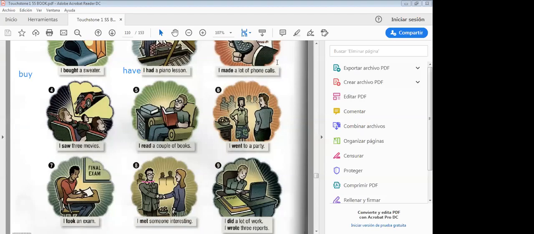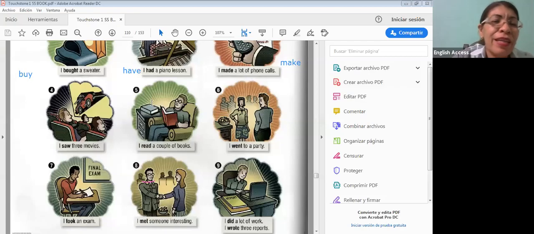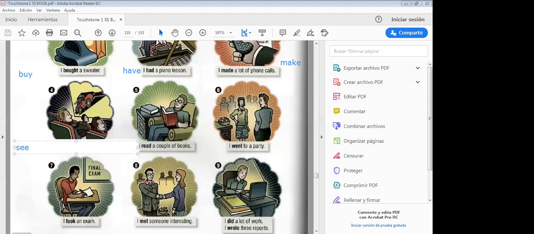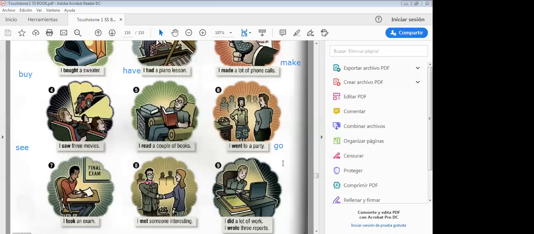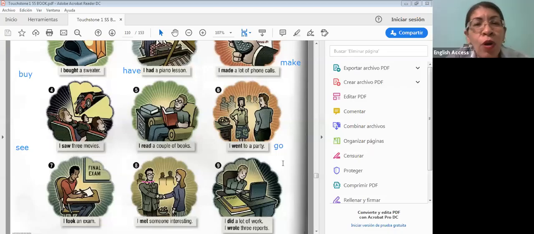Yes, made is the past of make. Saw is the past of see. As I said before, read, simple present, read, simple past. The spelling is the same. Went is the past of go.